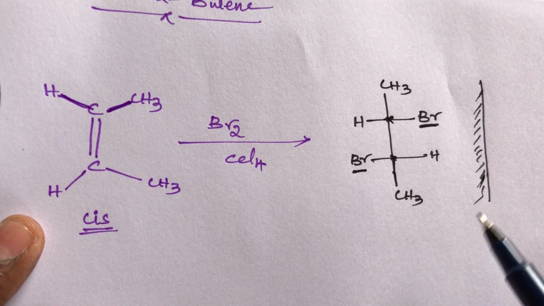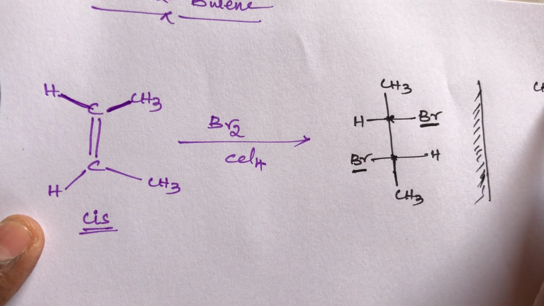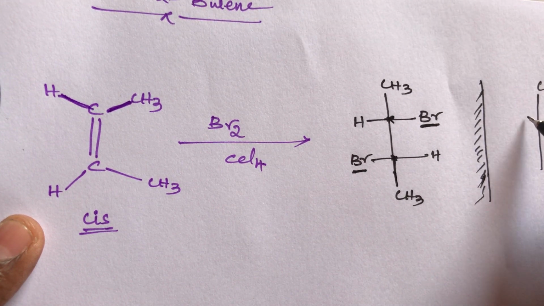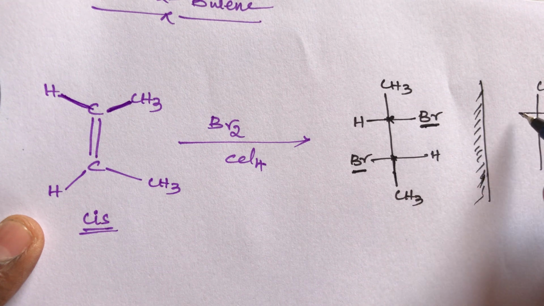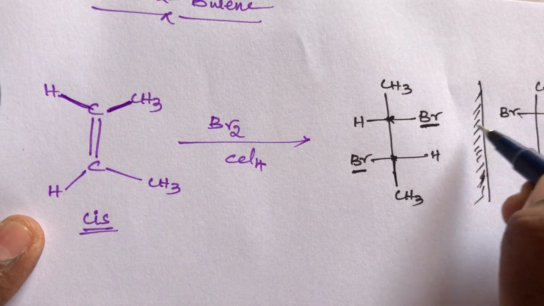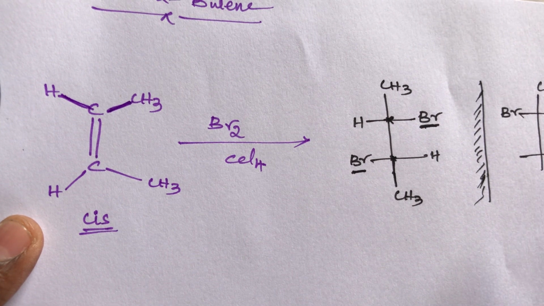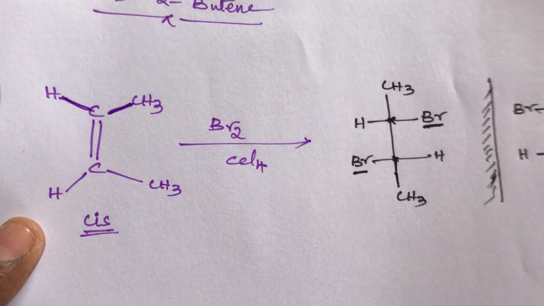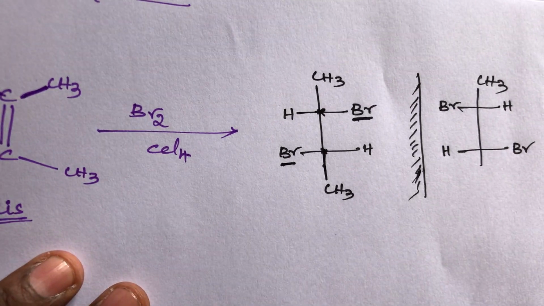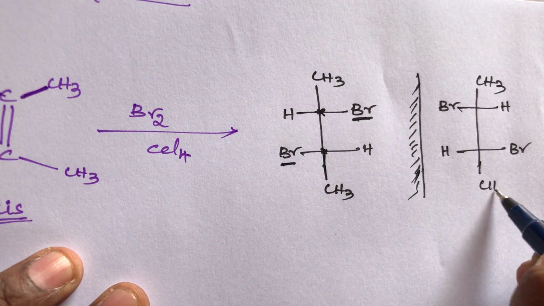It exhibits mirror images. So we can write CH3. Here this bromine is present on the right hand side, and this bromine is the mirror image of it, and Br here and H here. Sorry, this CH3.